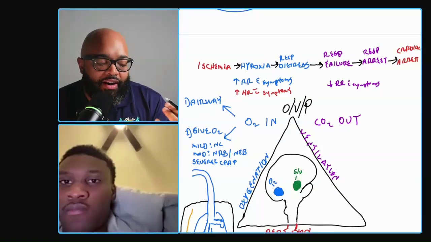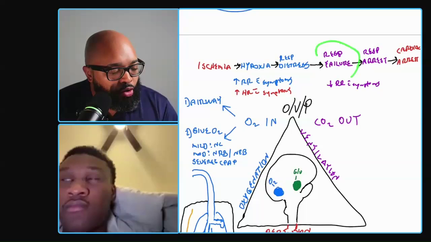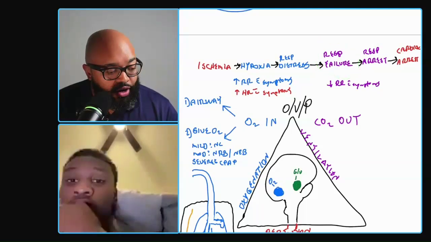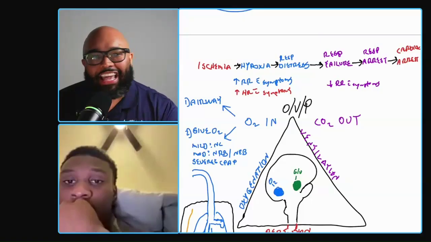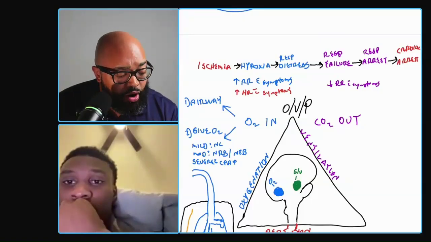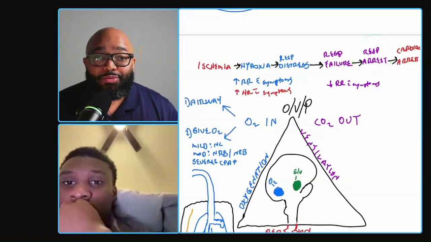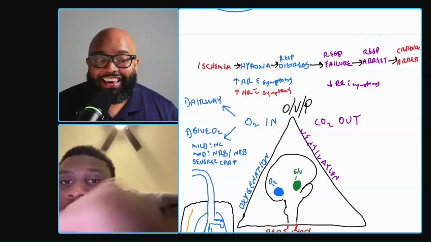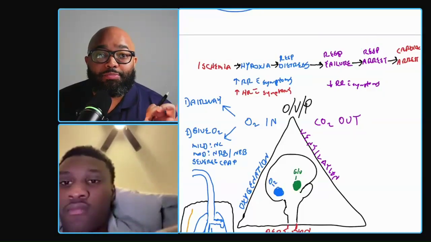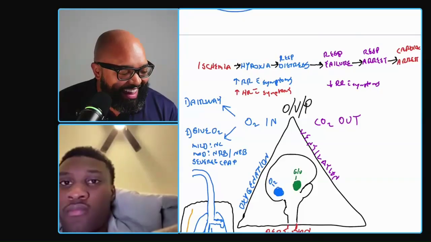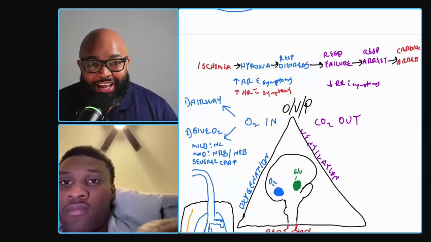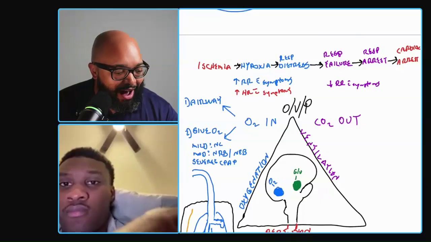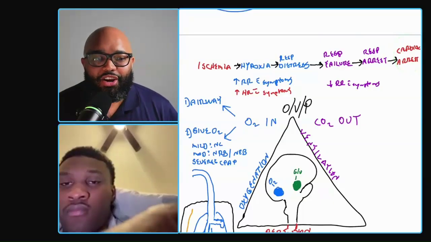That's going to ultimately lead to respiratory failure, where they're not compensating anymore. They can't keep up. That's going to ultimately lead to respiratory arrest, where they get so tired they just quit, and respiratory arrest is once their respirations go down to zero. And when they're not breathing, remember there's no oxygen coming in and no CO2 going out. That's going to ultimately lead to cardiac arrest.